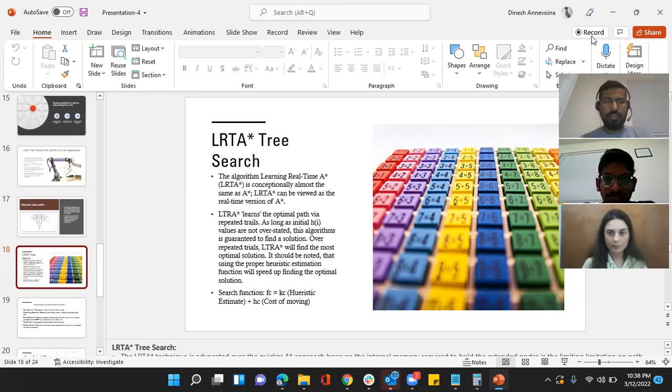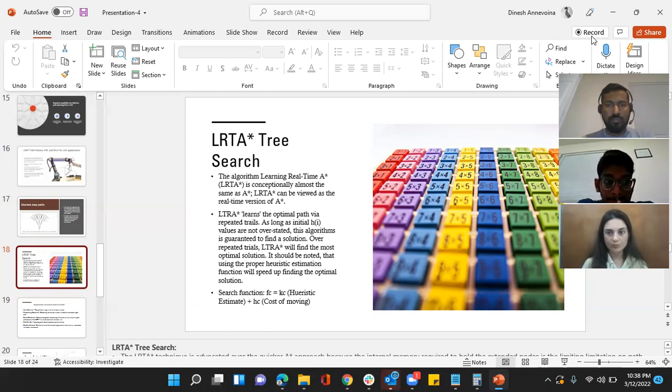Yeah, thanks, Sai. This learning real-time A-star search algorithm is more like an A-star search algorithm. Conceptually, both are the same, but it's an advanced version which can be used in real time. It is more about finding an optimal path for us whenever we use it in real time.